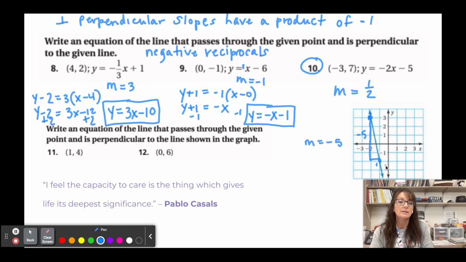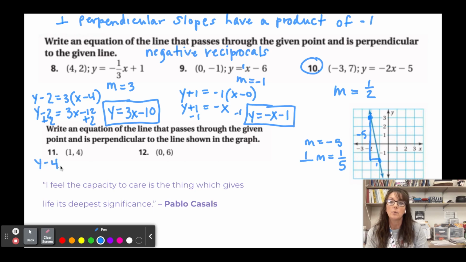The slope of this is -5, and we want it to be perpendicular to this. So the perpendicular slope would be a positive 1/5, and this is the one we'll be using. Okay? So y minus 4 is equal to 1/5 x minus 1.